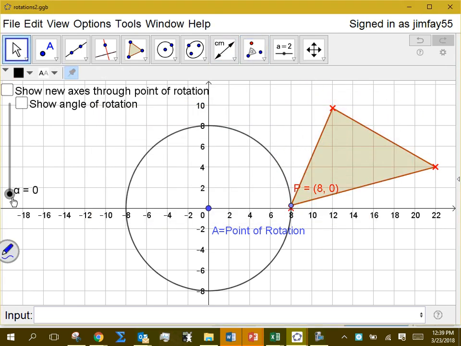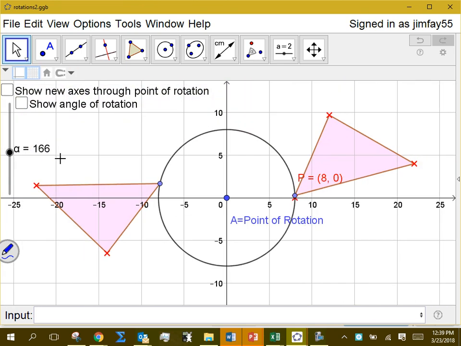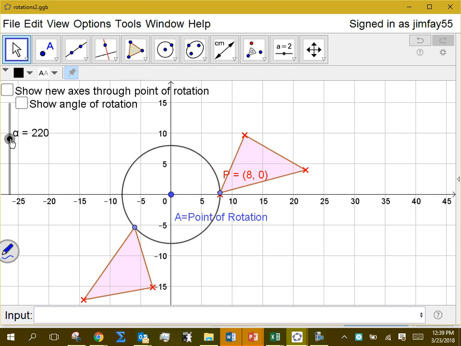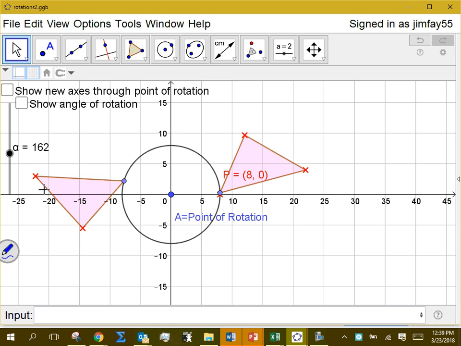If I can do that with 1 point, I should be able to do it with 2 points and 3 points and 4 points. So I should be able to rotate an entire figure. Does that make sense, everybody? Well, I'm going to focus today and for the most part on Monday on just dealing with 1 point. And if we do it with 1 point, we can replicate that process with as many points as we need to rotate an entire figure.